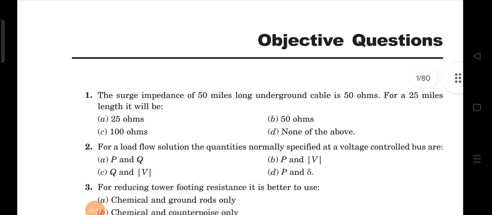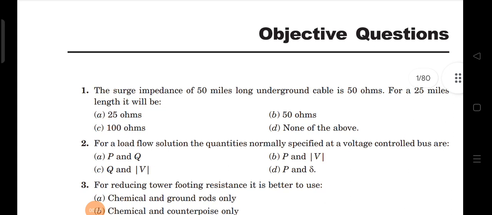Okay, what is the first question? The surge impedance of a 50-mile long underground cable is 50 ohms. For a 25-mile length it will be: first option 25 ohms, second option 50 ohm, third option 100 ohm, fourth option none of the above.